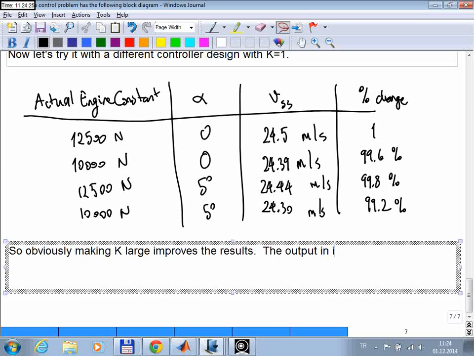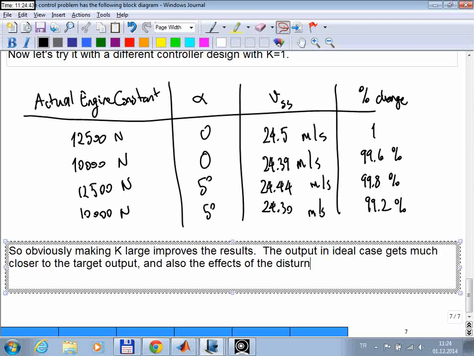The output in ideal case gets much closer to the target's output, and also the effects of the disturbances get smaller as well.